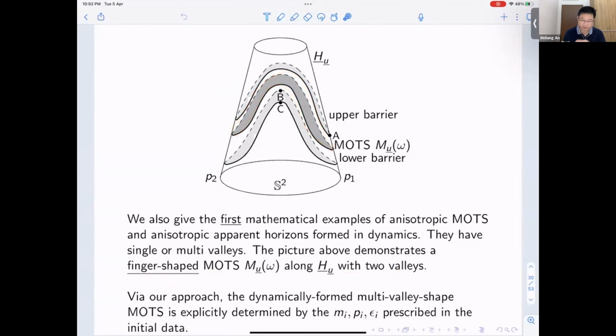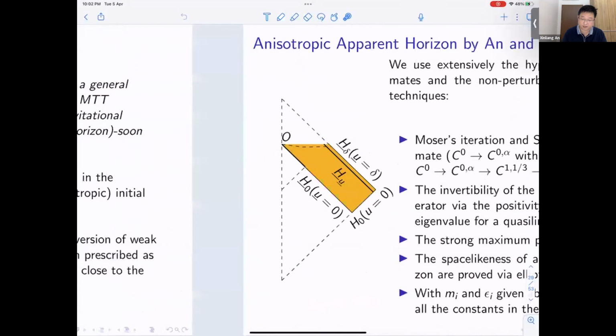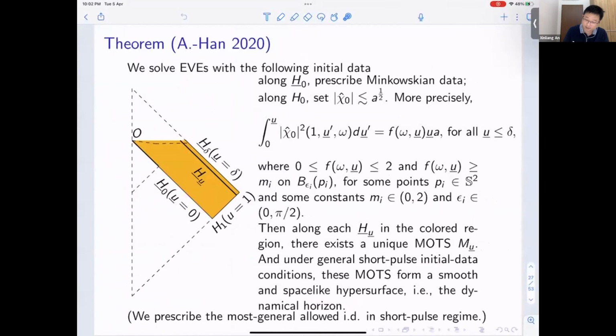Via our approach, the dynamically formed multi-valued shape of the molds is explicitly determined by the m_i, pi, and rho I prescribed in the initial data, which are the lower bound, the support of the ball, and the location of the ball.